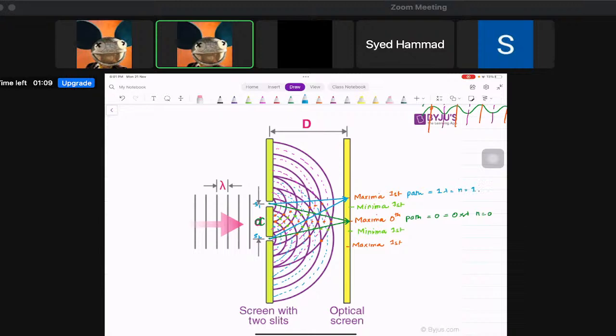Do you guys understand this? It will also be the same on either side.